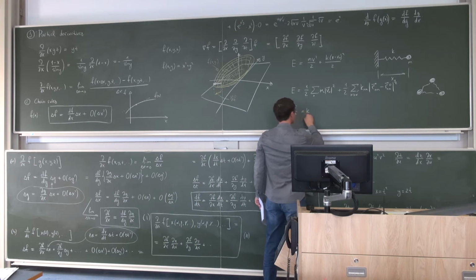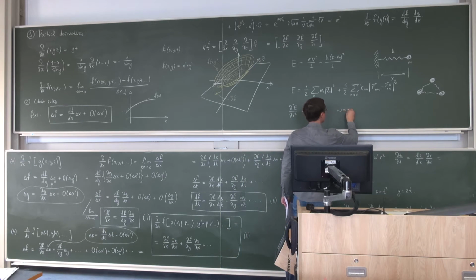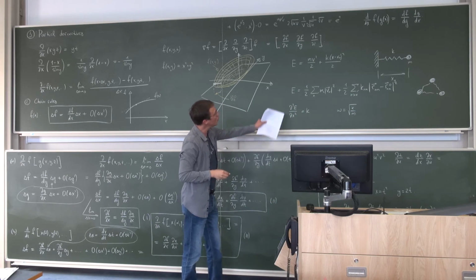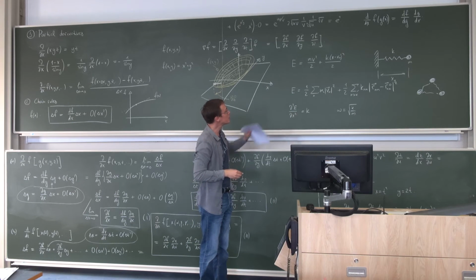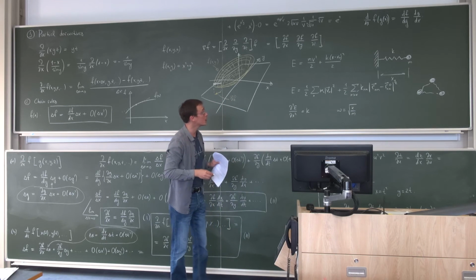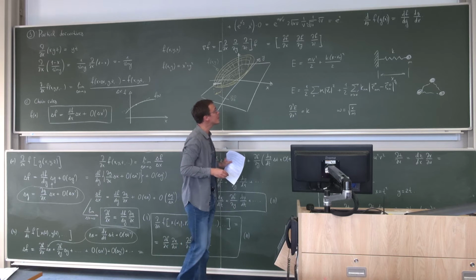But the force constant is related then to vibrational frequencies. You may remember that the vibrational frequency is root k over m. And so if we know all second partial derivatives of this, we do know all vibrational frequencies, and then we can match molecular structure to infrared spectrum, for example. And this is extremely useful.